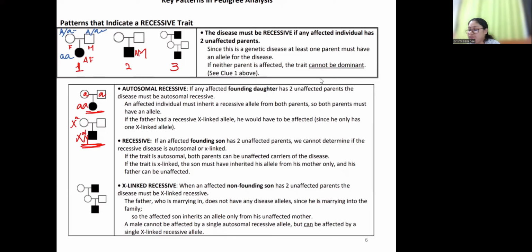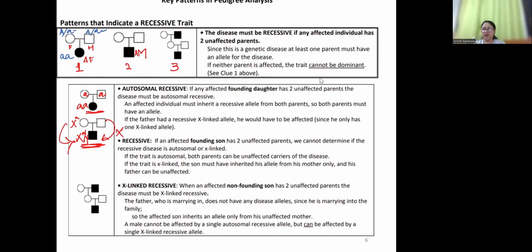But if the trait is autosomal, both parents can be unaffected carriers of the disease. If the trait is X-linked, the son must have inherited its allele from the mother only, as his father cannot be affected. I mentioned that the mother was a carrier and transmitted it to the son, but from the father this cannot happen. So this could be an example of an X-linked recessive disease also, or in general it is recessive.